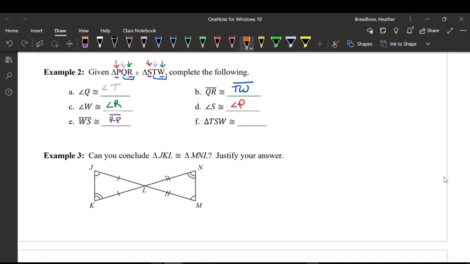So triangle TSW is congruent to triangle, which part matches T. T is the middle letter. Q is the middle letter. So Q, S goes with P, and W goes with R. So QPR.